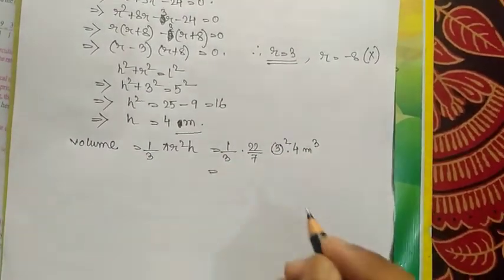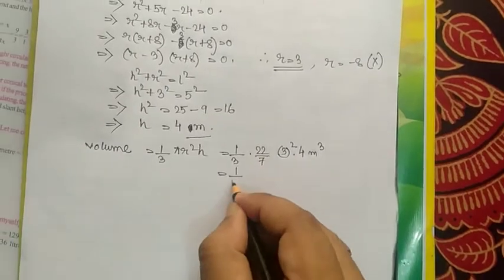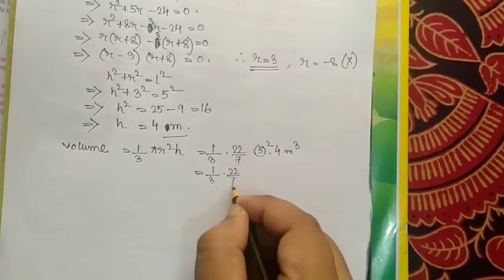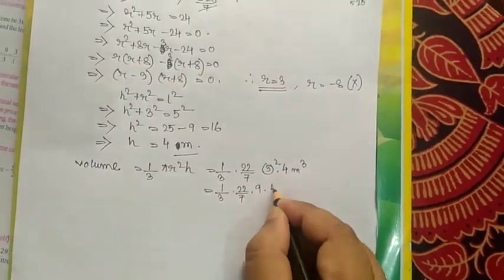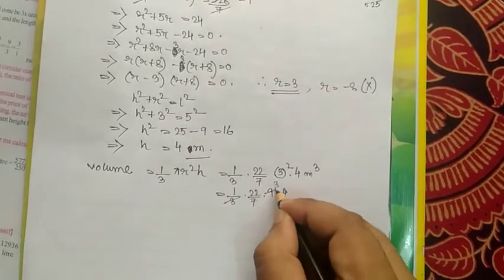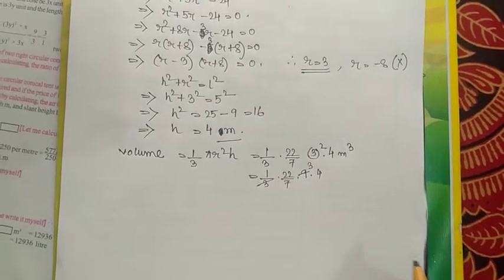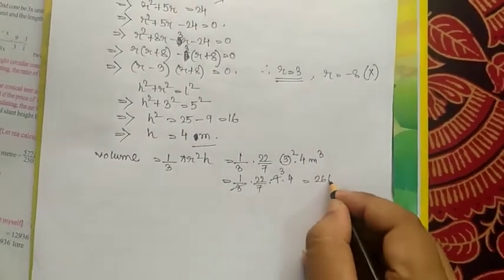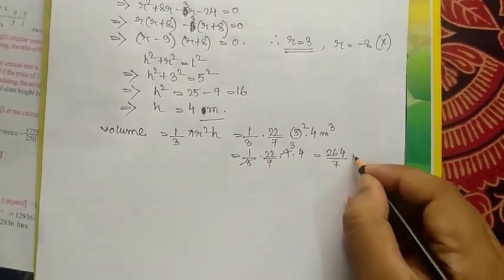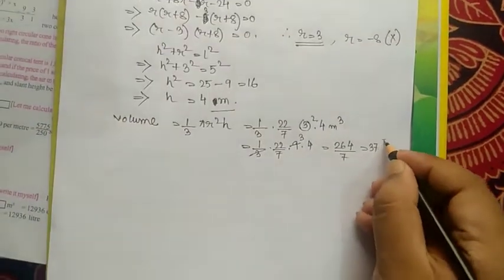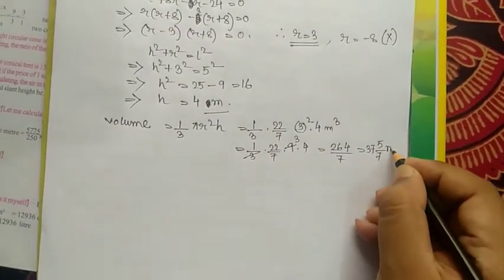So 3 square means 9 into 4, 3 9s, 3 into 4 12, 12 into 22, it should be 264 by 7 or 37 5 by 7 meter cube.